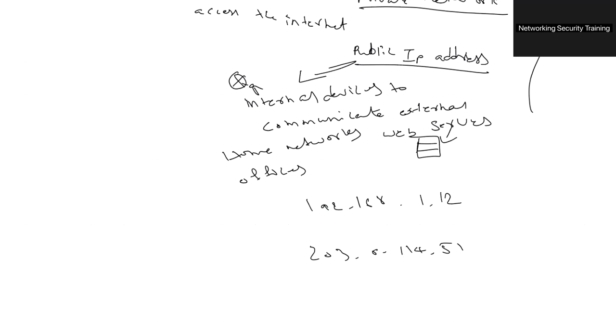When the website responds, the router uses the NAT table to forward the response back to the private IP address. So NAT allows internal devices to share a single public IP address for internet access, providing security and conserving public IP addresses. This is called inside NAT.